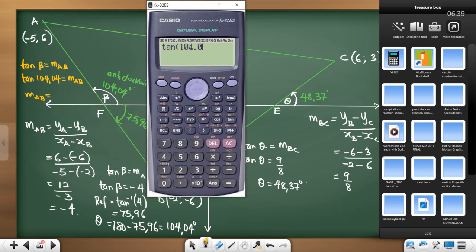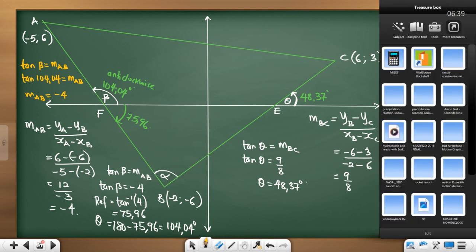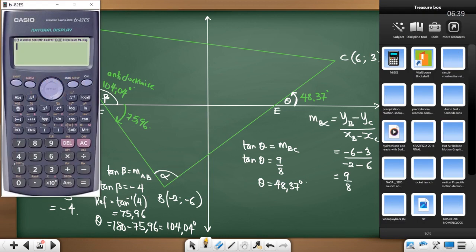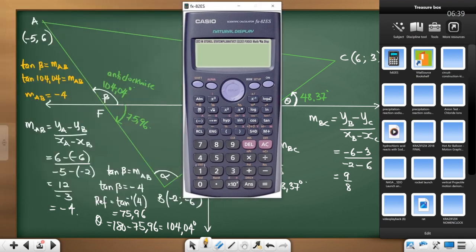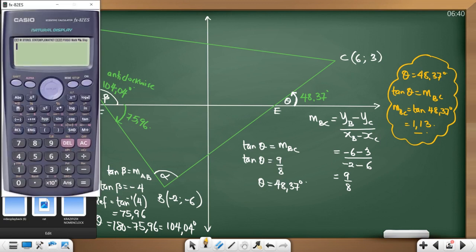Tan 104, because we've rounded up, you'd see what it's going to look like. You see, negative 3,998, which is negative what? 4. 998, two decimal places would give us negative 4. On the right hand side, our initial gradient was 9 over 8, just to show you that. Let me do something here quickly. Yeah, let's move it to the side. Keep your eyes on the right hand side. The gradient we got in fraction was 9 over 8.